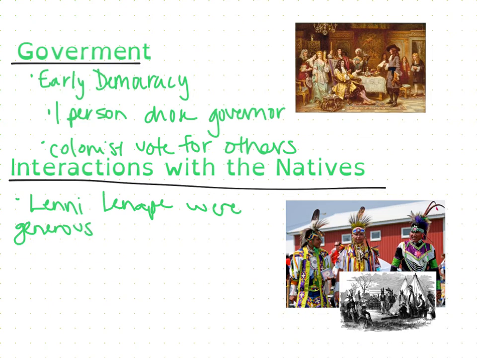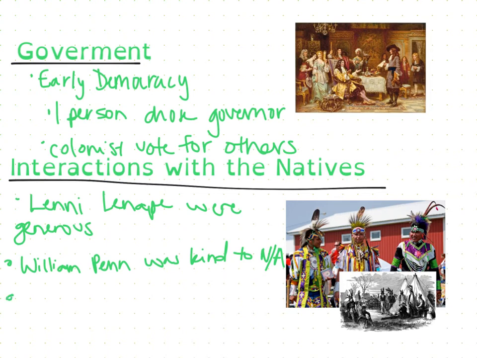One of the big leaders in the Middle Colonies was William Penn. If you want to think about what state he might have founded, William Penn was very kind and had a great relationship with the Native Americans.